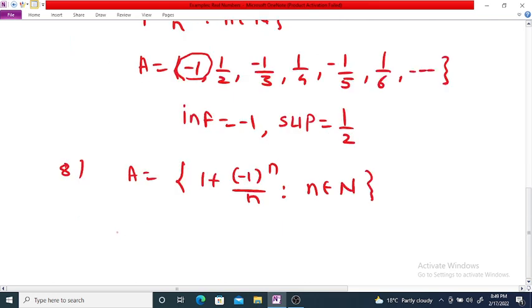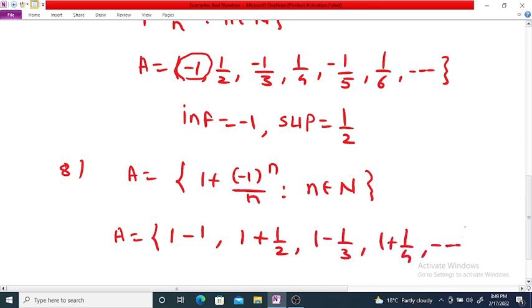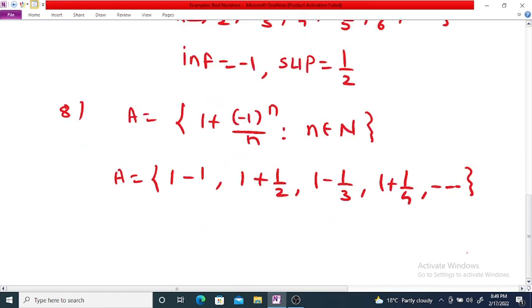So again, if we write a few elements of this set, there is 1 minus 1 for n equal to 1, then next 1 plus 1/2, then 1 minus 1/3, 1 plus 1/4, and so on. So here A is equal to {0, 3/2, 2/3, then 5/4, and so on}.